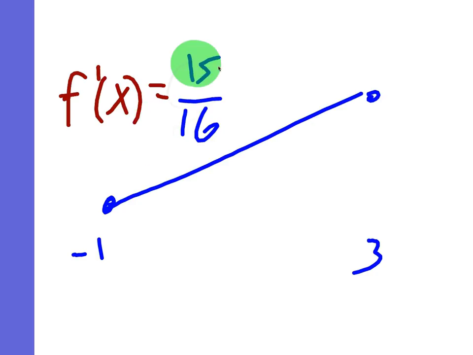So we're going to replace f prime of x with 15/16, since somewhere on the graph, the slope of that tangent line, say it's up here somewhere, is going to be exactly the same or parallel to the slope of the secant line. So this tangent line will have the same slope as the secant line, so we can replace f prime of x with 15/16 since we'll have the same slope.